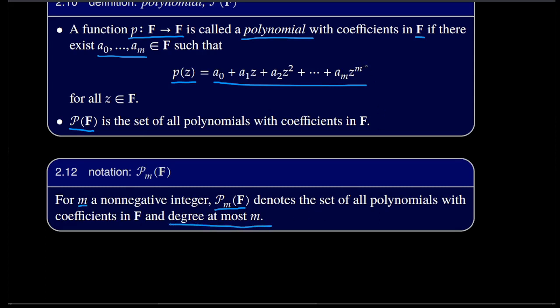Here, degree is the highest power of z that pops up in an expression writing p as a polynomial of this form. Okay, cool. This is the place where the distinction between polynomials and polynomial functions matters for finite fields, because there can be polynomials with different degree that define the same polynomial function on a finite field. But like I said, let's just ignore that for the moment.